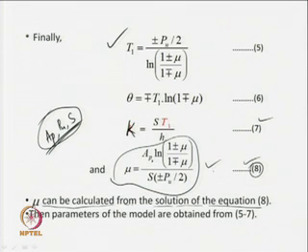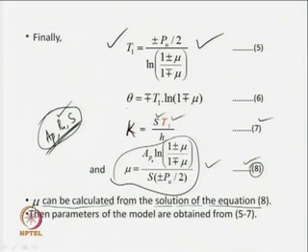Once mu is known, then we can find T1, because pu is measured and mu has been estimated. Next, after getting T1, we can get K, because H is known, T1 has been calculated and S is measured.